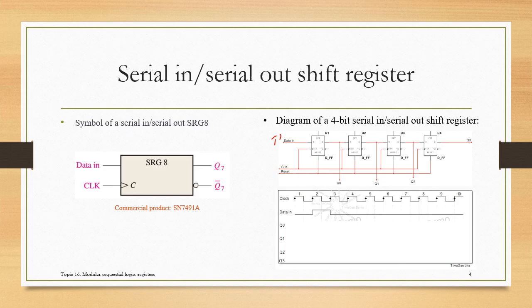Let's see how this data is moved in this SR. First check Q0, the output of the first stage, U1. If you remember the operation of D flip-flops, let's also assume everything is reset at the beginning.